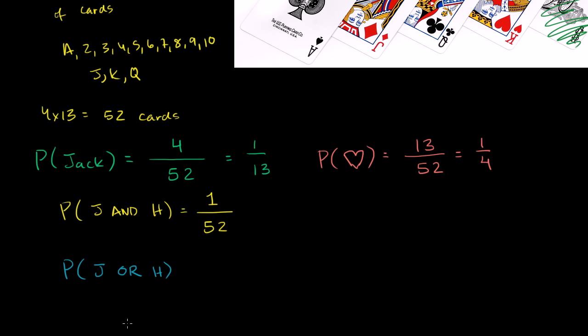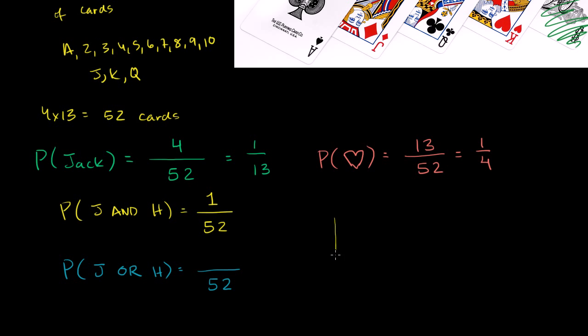So what is the probability of this? And this is a little bit more of an interesting thing, because we know first of all that there are 52 possibilities, but how many of those possibilities meet the criteria, meet these conditions that it is a jack or a heart? And to understand that, I'll draw a Venn diagram.